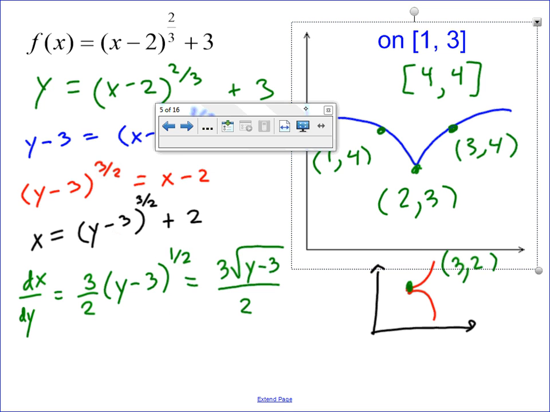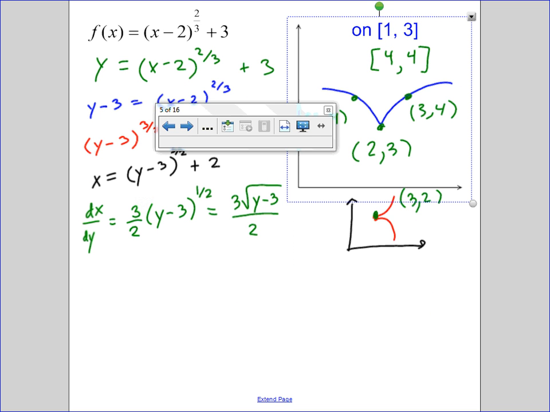So here we go. After long last, we have now taken the time to rewrite this as x equals a function of y, so that we can figure out the arc length and have a horizontal tangent instead of a vertical tangent. So I'm going to do 2 times the integral from 3 to 4 of the square root of 1 plus, and now it's going to be dx dy quantity squared.